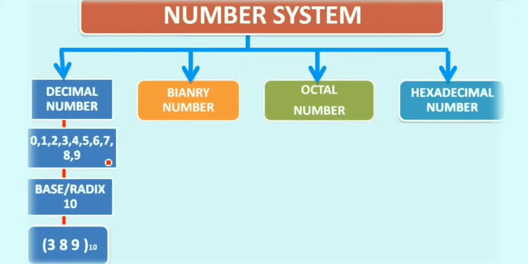That's why the decimal number system is classified as a number system with a base of 10. You can call it base or radix. It has radix or base 10 just because it has a total of 10 digits, 0 to 9.